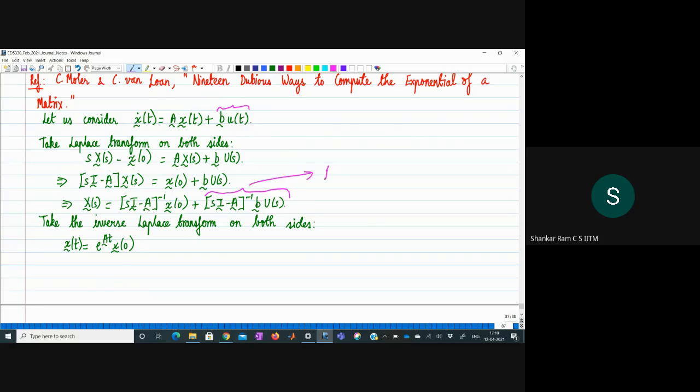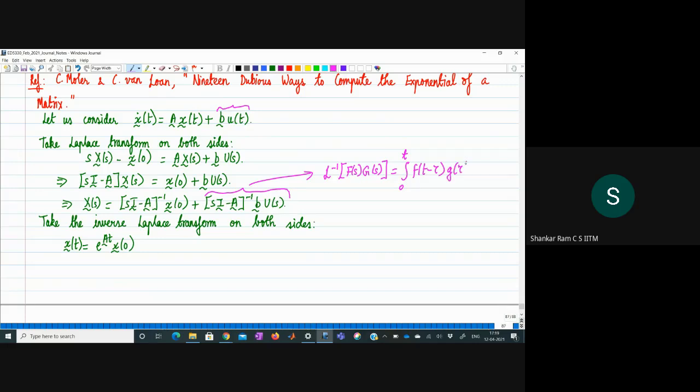If you recall, one of the properties of the Laplace transform is that, let's say we have two functions in the s domain, and we multiply them, and we want to take the Laplace inverse of the product in the time domain. The result will be what is called a convolution integral.